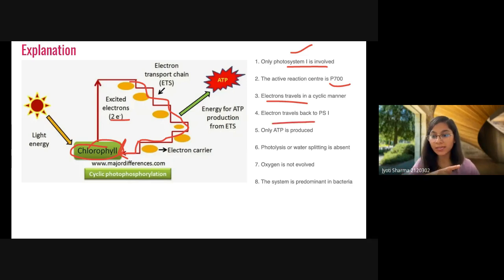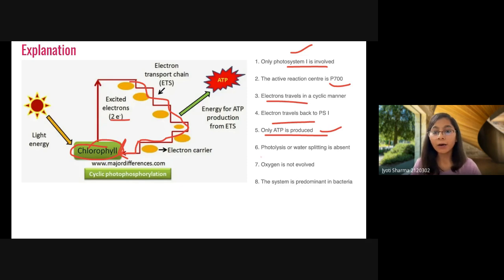But in non-cyclic, in most of the green plants, the photophosphorylation is non-cyclic in nature, because this electron will be utilized to convert an ADP to an ADPH. Here, because we are not utilizing the electron, only ATP will be produced. This cyclic photophosphorylation will not release an ADPH, because we are not utilizing the electron for it.